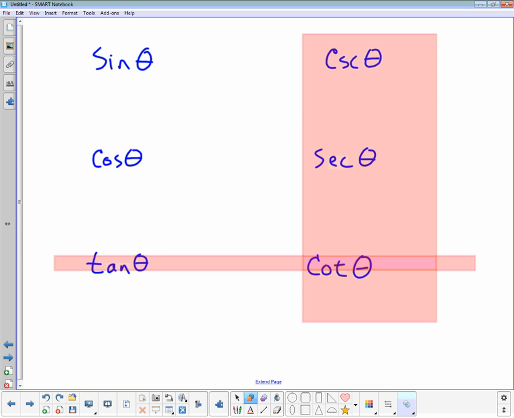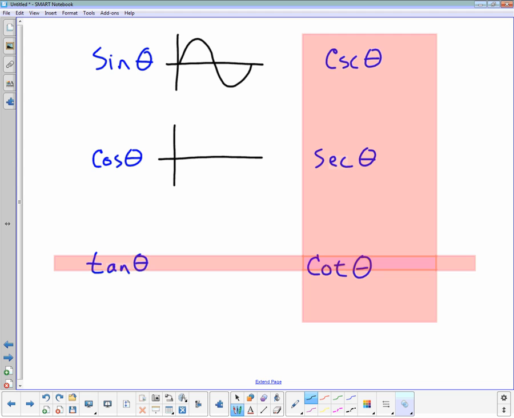What is the sine of 0? 0. And the cosine of 0? 1. So sine waves start off that way, and cosine waves start off that way, just so that you will remember what they look like.